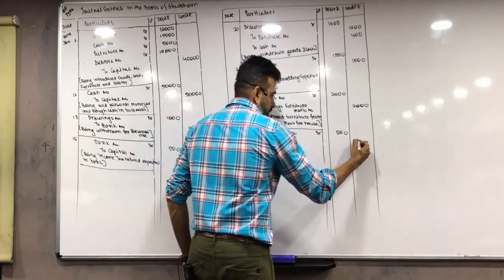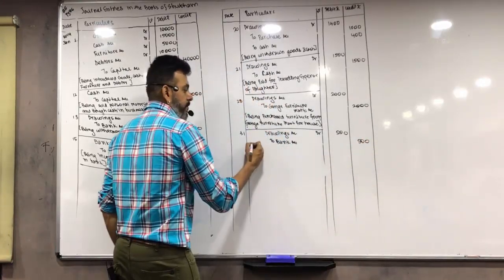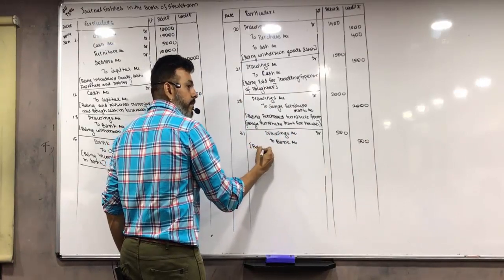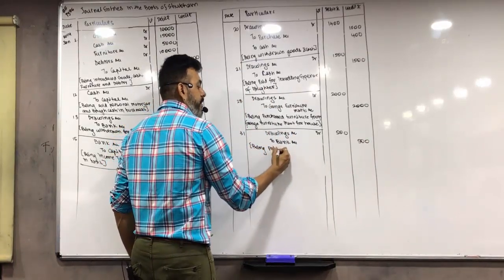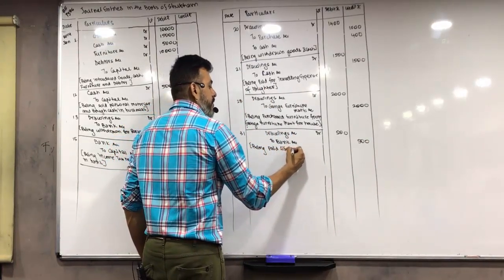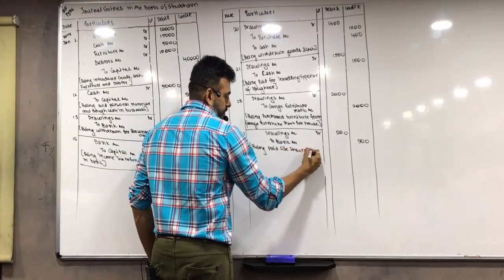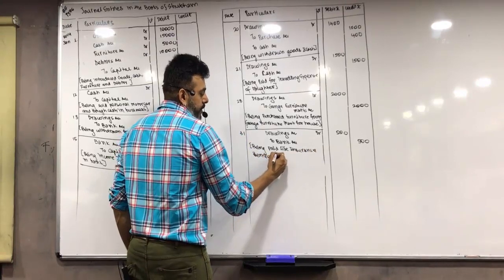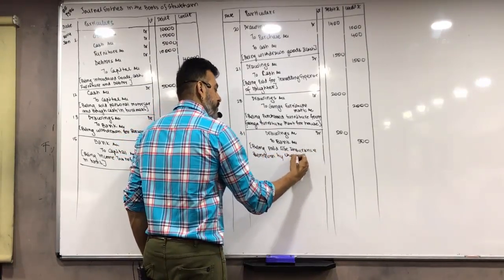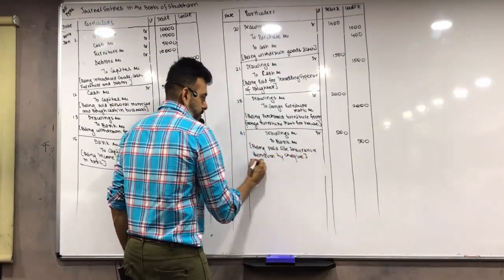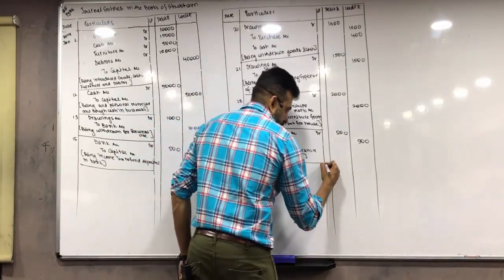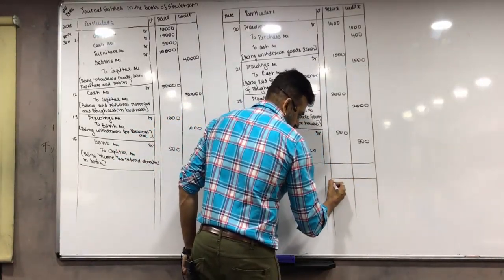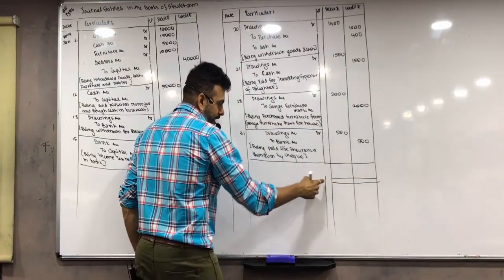Bank is the giver, credit the giver. Being paid life insurance premium by check. Double underline when you do the final total.